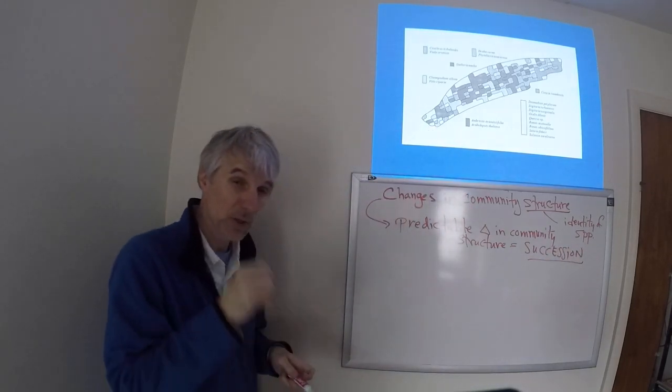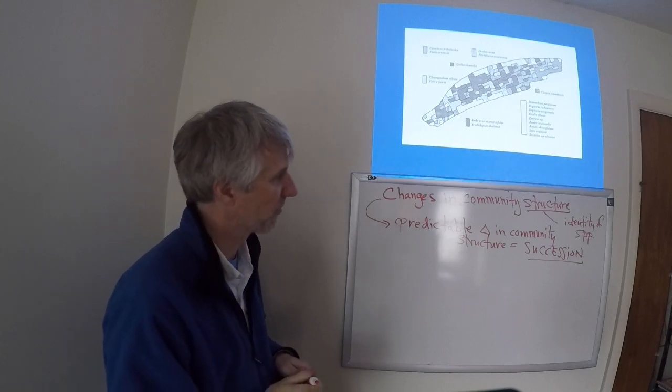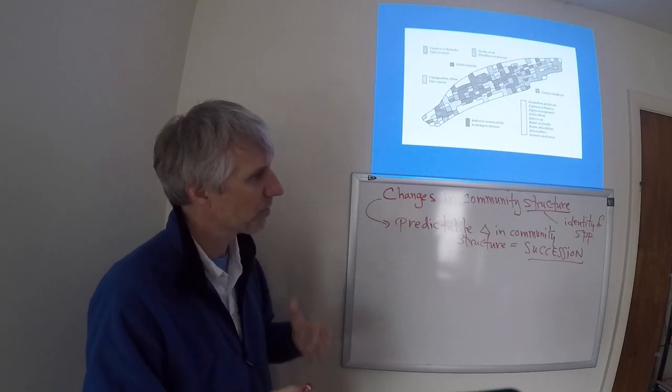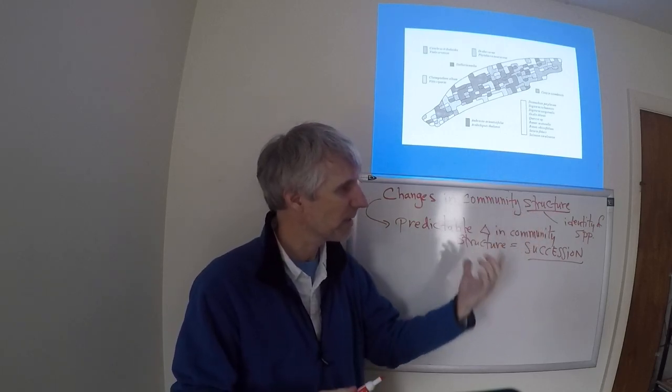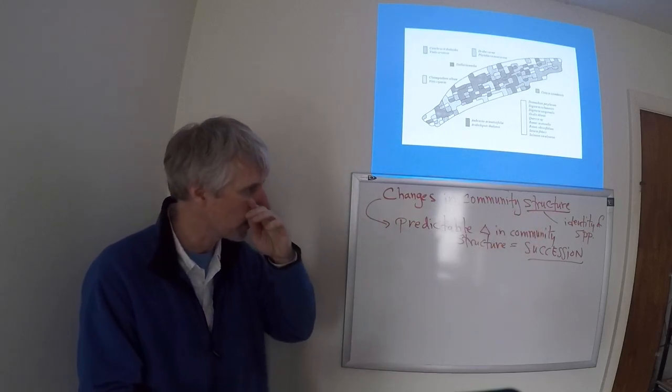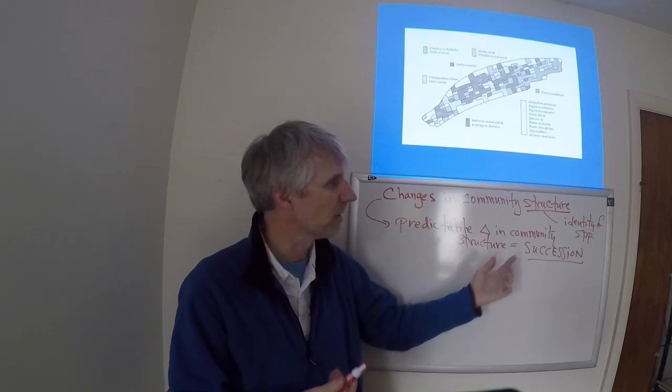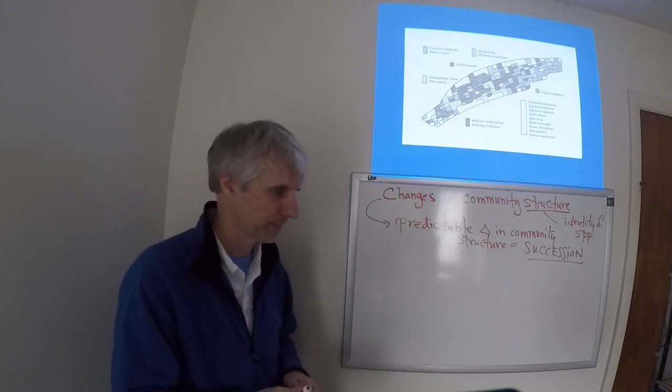Now, I'm going to propose a few different models of succession for you, but this predictable change in how species enter into the community and leave the community, that's part of this predictable pattern, we refer to this as succession.